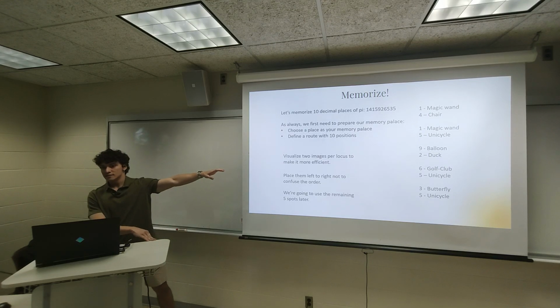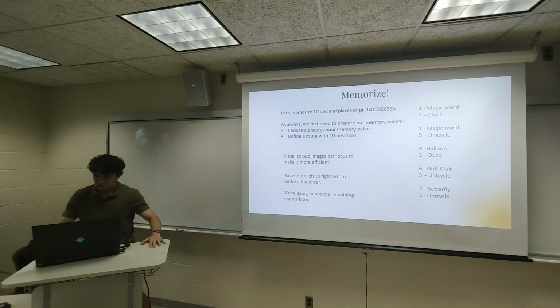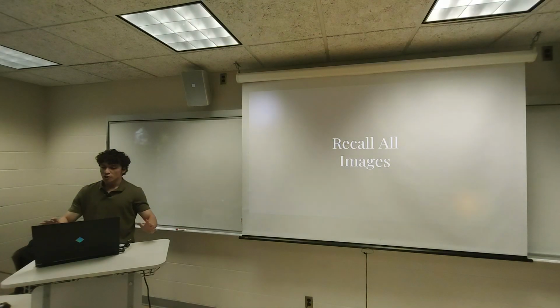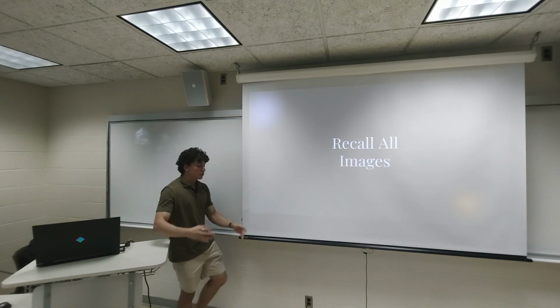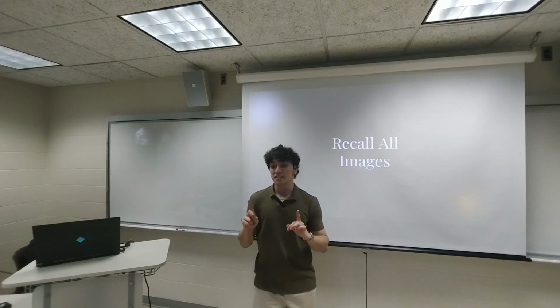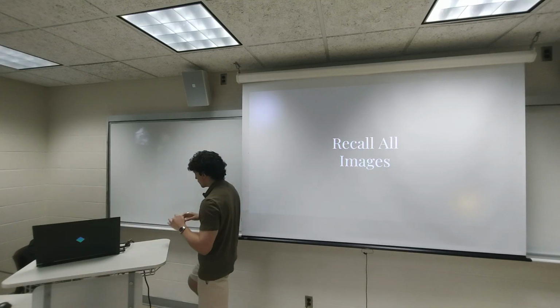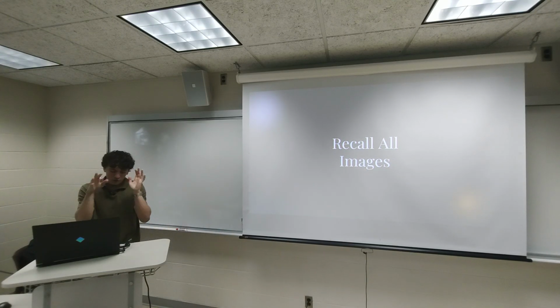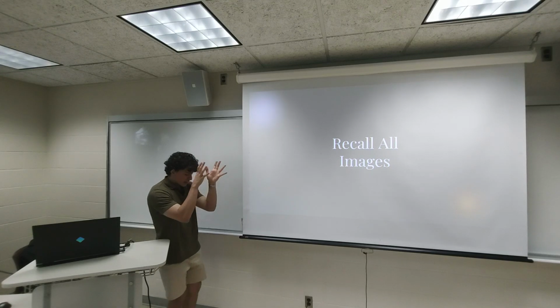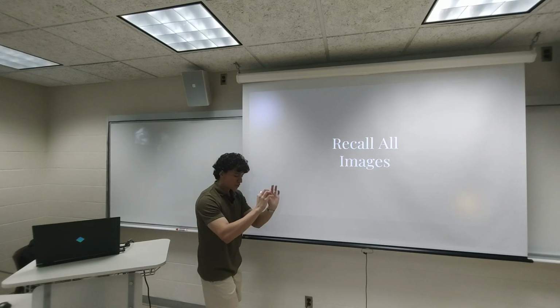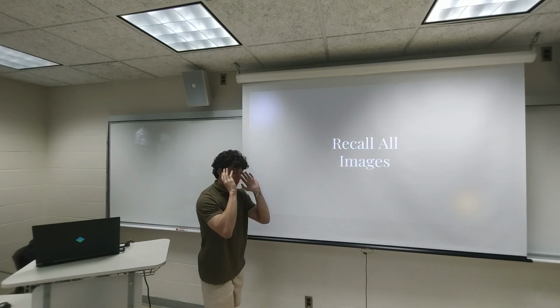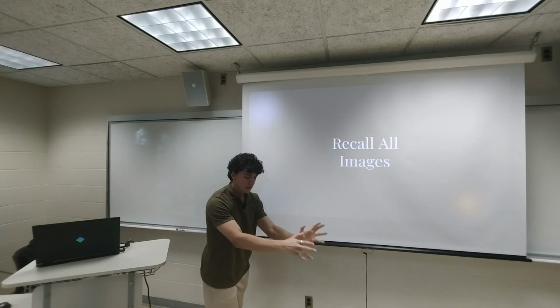Are we done? Okay, so let's recall the images. I want you guys to close your eyes and recall the images, not the digits. We go to the memory palace you chose, and we go to the first position.